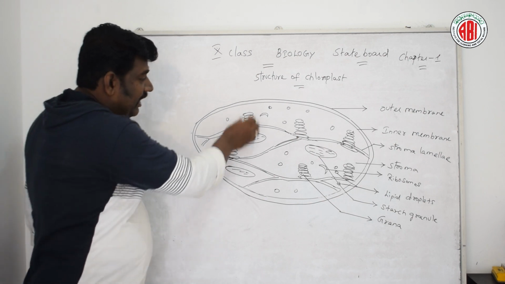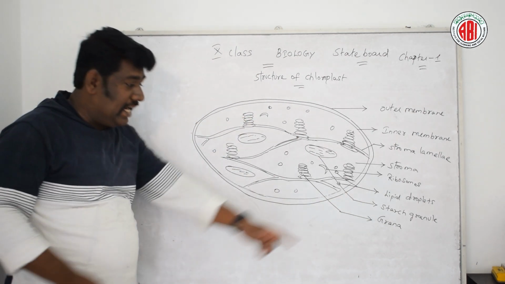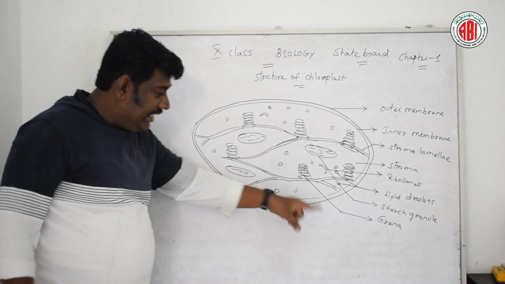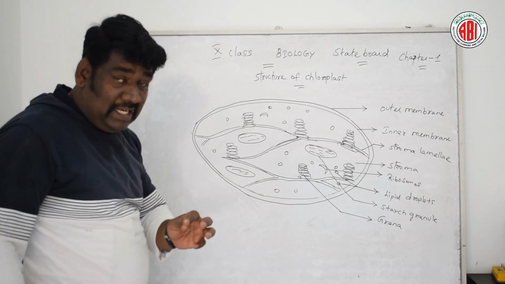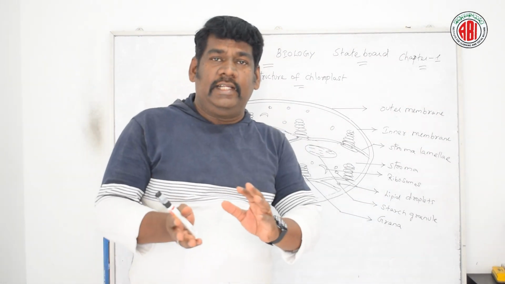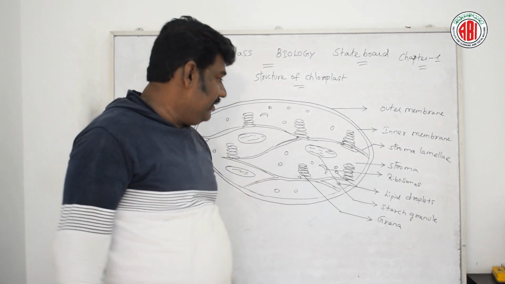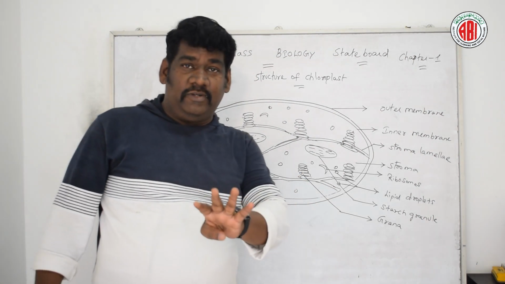The set of coin-like structures is called grana. Grana or granum, plural and singular form. So this is called grana. Okay, so four labelings are over now.